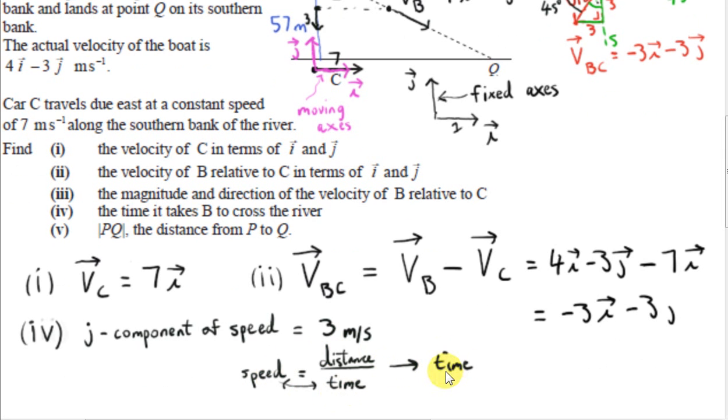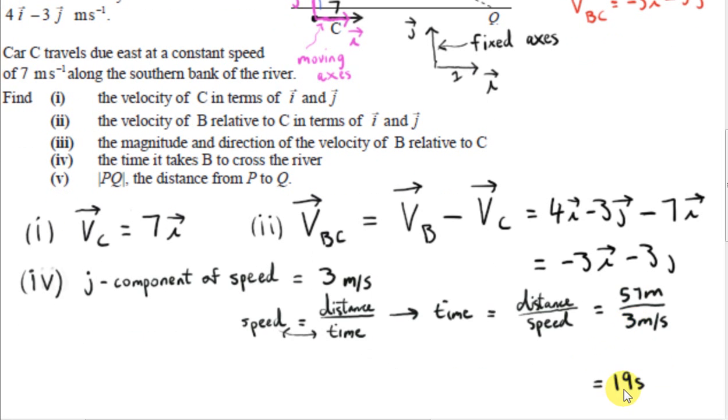So we interchange speed and time. So the time taken is the distance travelled divided by the speed. So this simple formula is true when the speed is constant, as it is in this case. The distance is 57 meters and the speed is 3 meters per second.